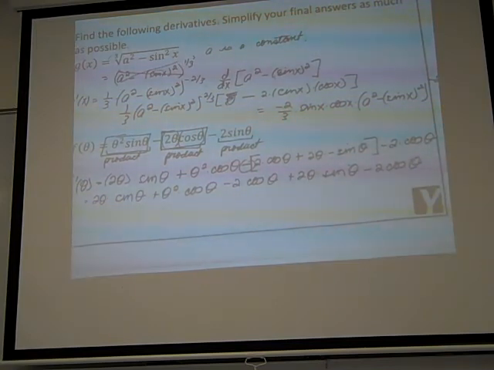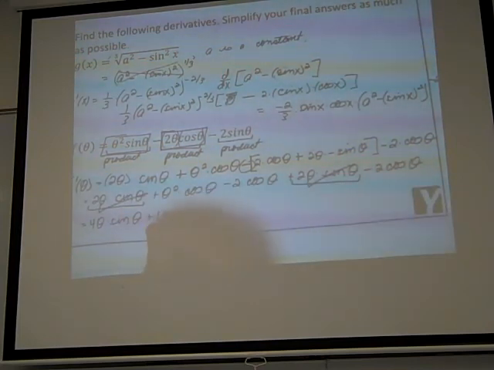I think we can do even better. I think we can go a little bit further. I hope. Let's take a really careful look here. 2 theta sine theta plus another 2 theta sine theta. What does that get me? 4 theta sine theta. I took care of that, and I took care of that. Plus theta squared cosine theta.